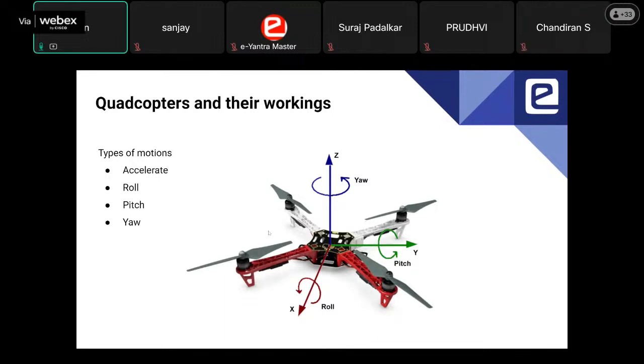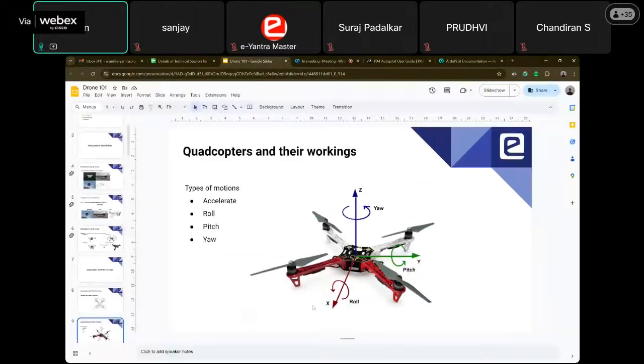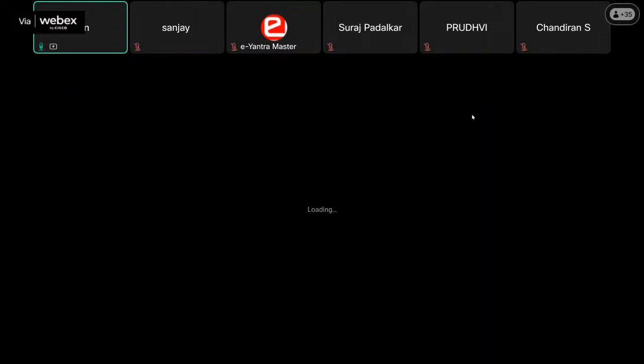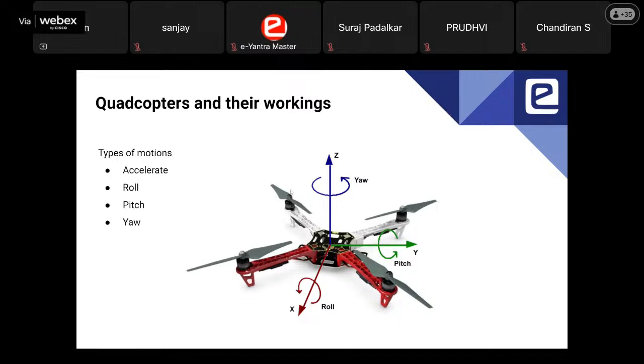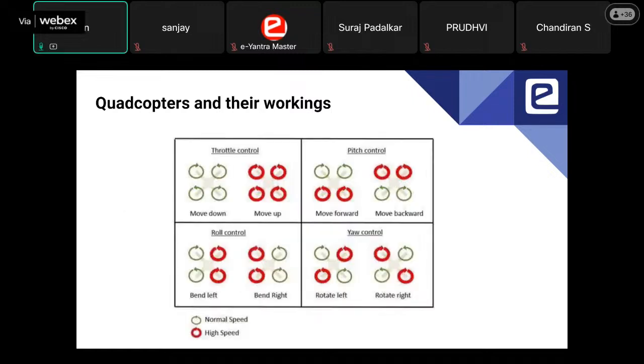As I was saying, when the drone rotates around the y-axis, you can call that motion a pitch motion. And when the drone rotates around the x-axis, it can be called a roll motion. I will demonstrate this pitch and roll using a real drone after a few minutes.